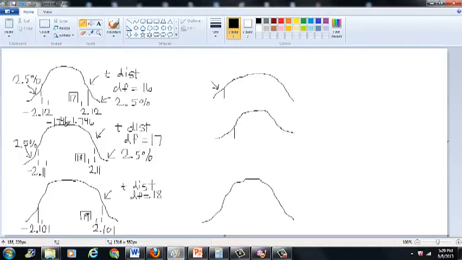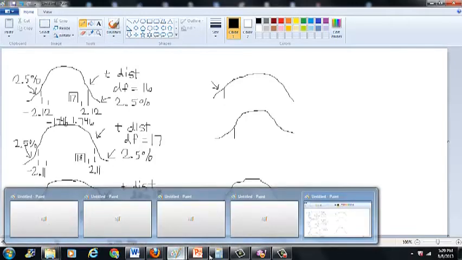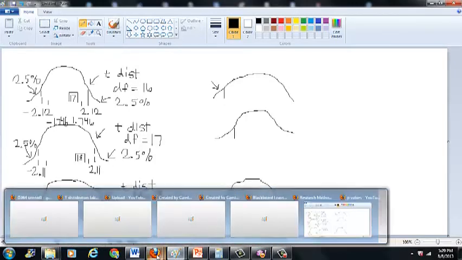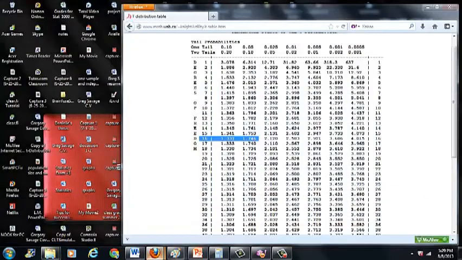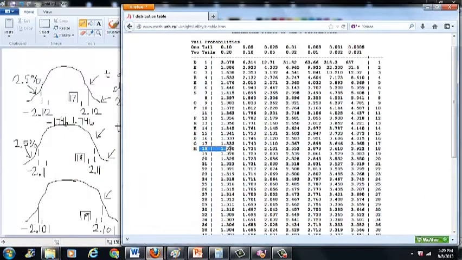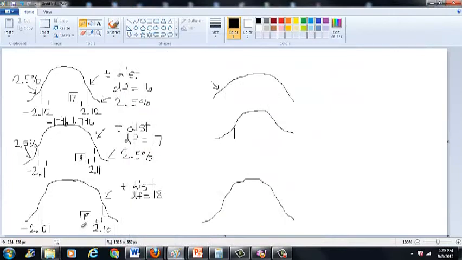Let's see what the one-tailed critical values are for 18 degrees of freedom. They come out to 1.734. Which would mean that the negative critical value is negative 1.734.